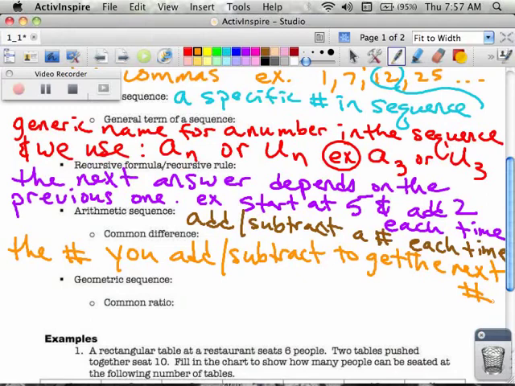So the example I gave in purple, where we started at 5 and we were adding 2 to get to the next number, what we would say is the common difference is 2 because we're adding 2 each time to get to the next number. That's called the common difference. Usually they use the letter D for that.